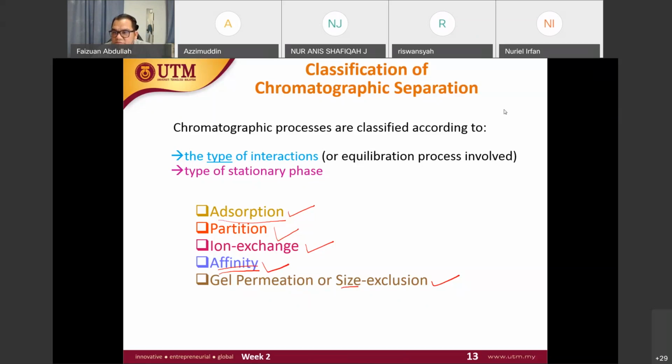Sarvin. Sarvin, can you give me an idea what is adsorption? Yes, sir. The first one. Adsorption. Sir, do you want the example or just the meaning? Just give me your idea about the meaning of adsorption.